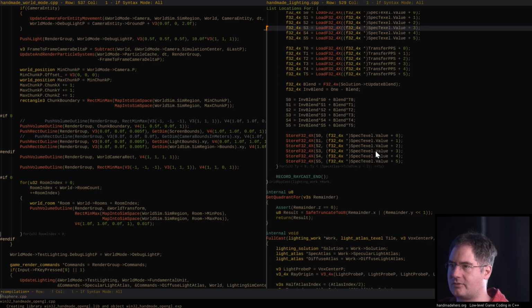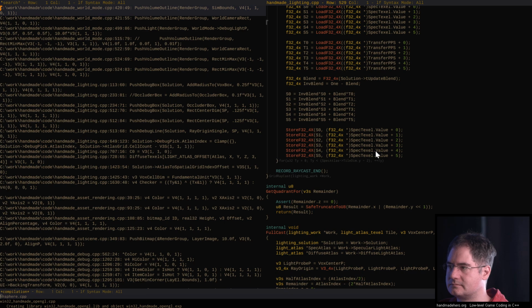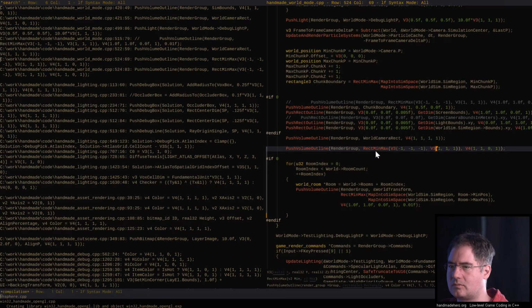Let me just look for things that have that color pattern, so we can see what it is. I'm not sure. Well, it looks like for some reason, and we'd have to go back and check the tape to find out why, we're drawing a negative 1 to 1 cube.